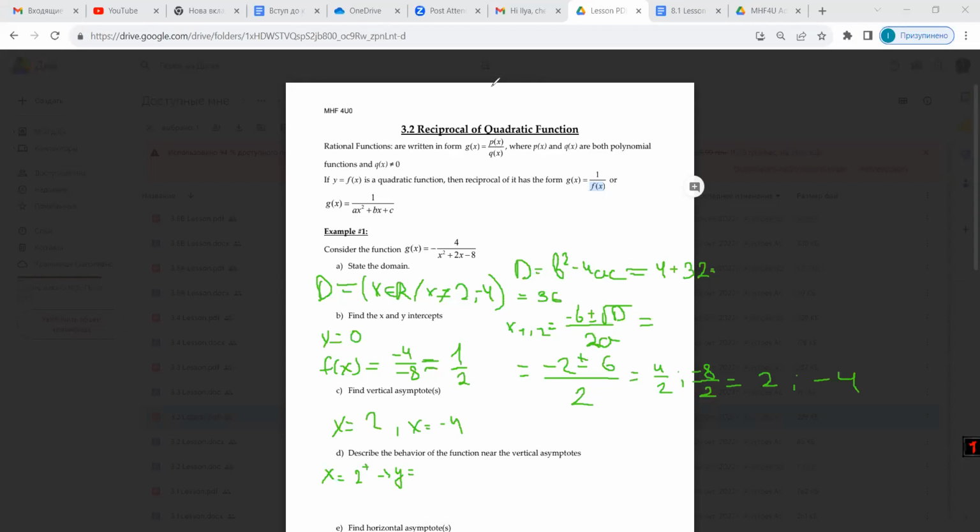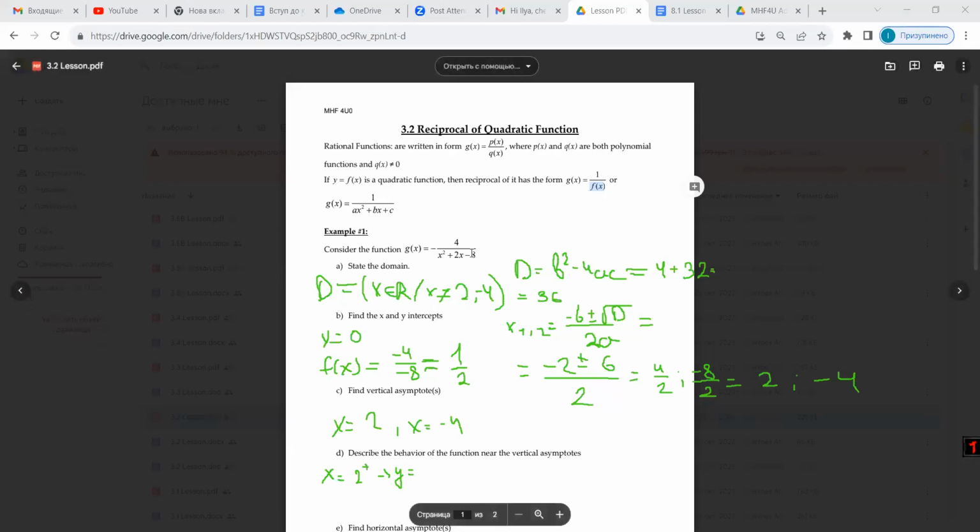So 2.1 times 2.1 is 4.41, plus 2 times 2.1, which is 4.2, so 4.41 plus 4.2.